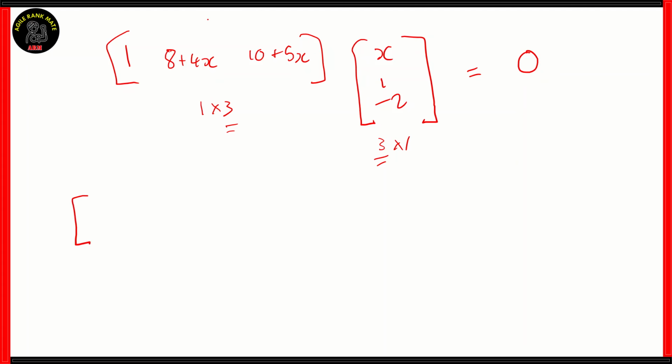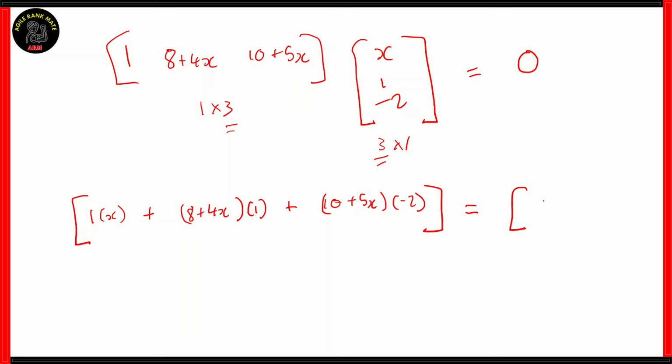When they multiply, it'll be 1 times x plus 8 plus 4x times 1 plus 10 plus 5x times minus 2. And this would be equal to a matrix with the element 0, a 1 by 1 matrix. So this is what the product would look like.